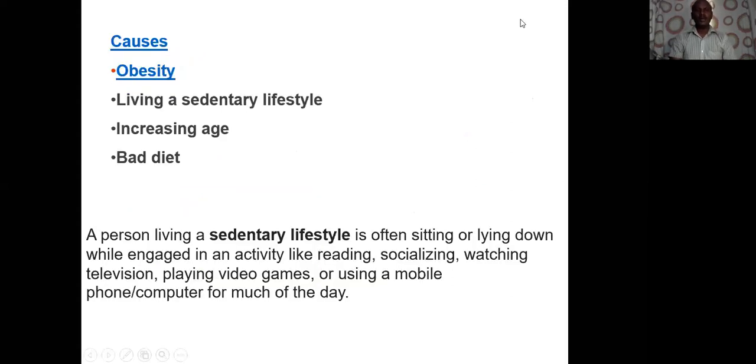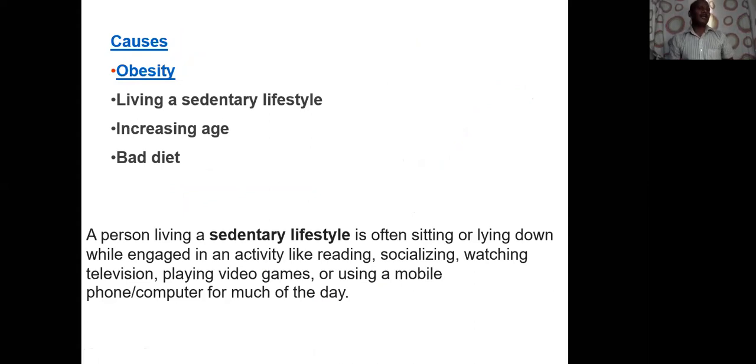And then what are the causes? One is obesity, as I told you, central obesity. Another is living a sedentary lifestyle, increasing age and a bad diet. These are the major causes, and we cannot say that in a particular person this is the reason.